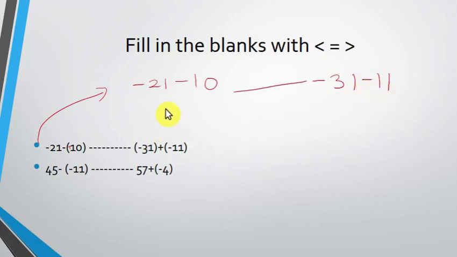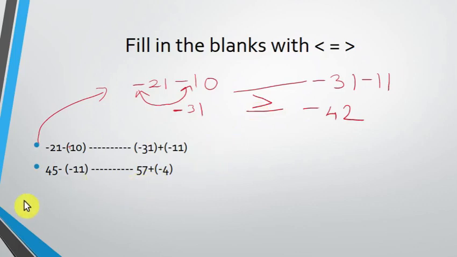Okay. Next, I told you minus 21 minus 10 we have to add. So 31, we have to put minus sign. Here minus 42. Minus 31, minus 42. Which is greater? Minus 31 is greater.